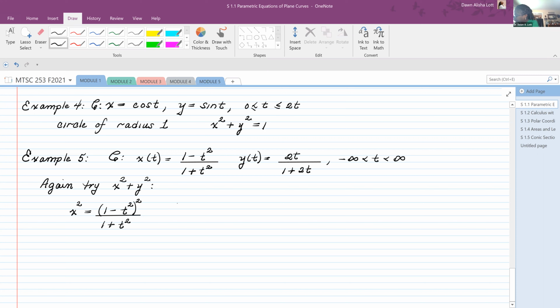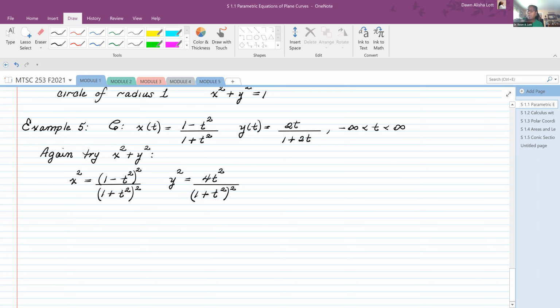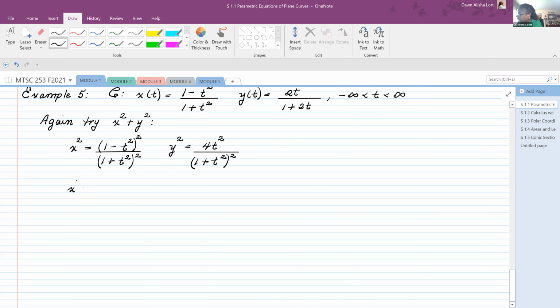And y squared is simply going to be 4t squared over 1 plus t squared, squared. So x squared turns out to be 1 minus 2t squared plus t to the fourth divided by 1 plus t squared, squared. And y squared is exactly what it is.